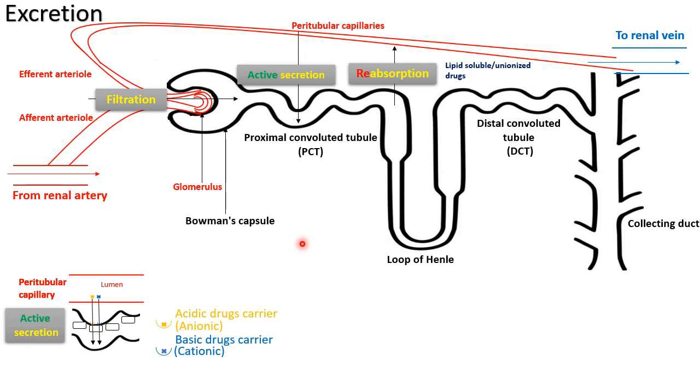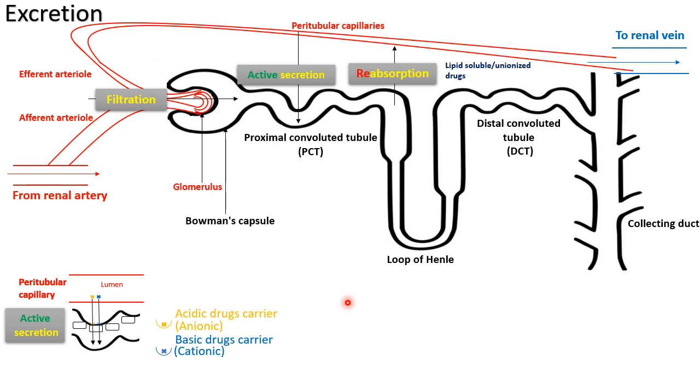The carrier for acidic drugs, we call it anionic because acidic drugs carry negative charge. And for basic drugs, it's called cationic because basic drugs carry positive charge. Okay, and in this part, we might have drug-drug interaction.